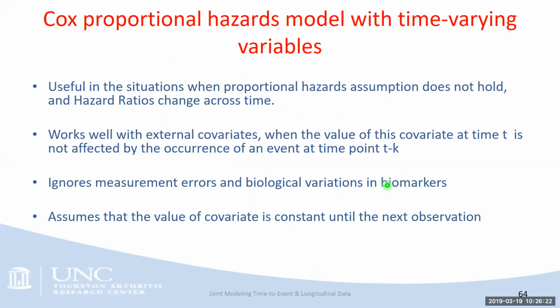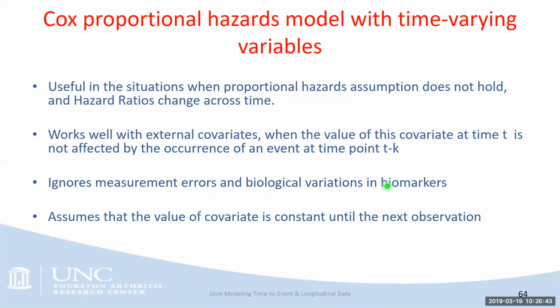Let's finish with the Cox proportional hazards model with time-varying covariates. This extension of the well-known Cox proportional hazards model not only allows for time-varying covariates, but also can handle left truncation, multiple events per subject, and it has many other features.